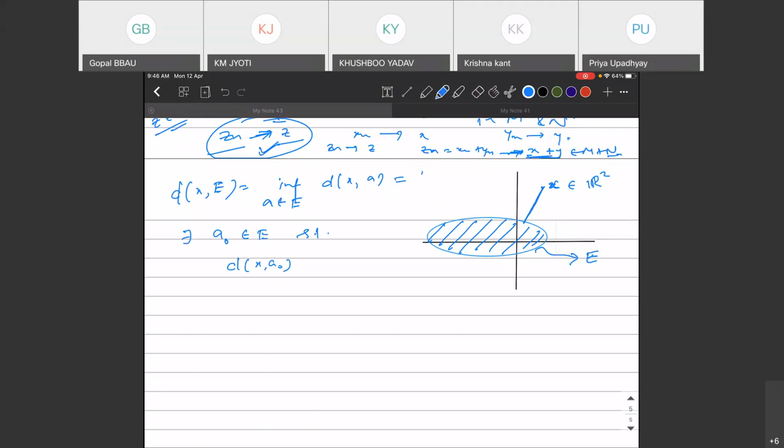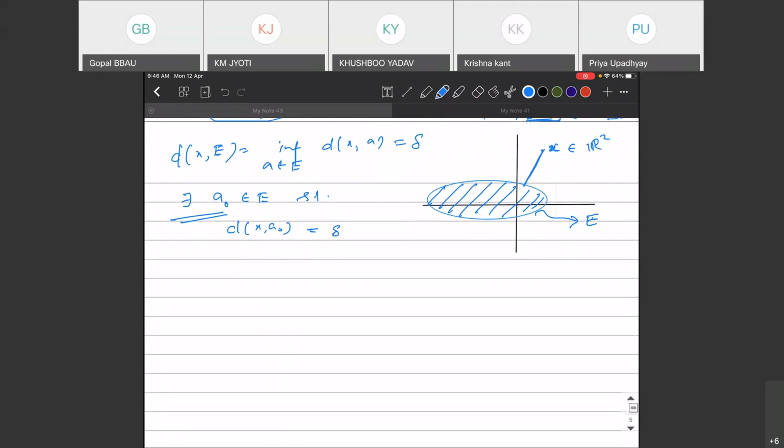Suppose this is delta. Then does there exist some point A naught in E such that d(X, A naught) equals delta? So let's see in some cases whether A naught exists or not, or then we may ask whether this A naught is unique. Let's see some examples in R2.